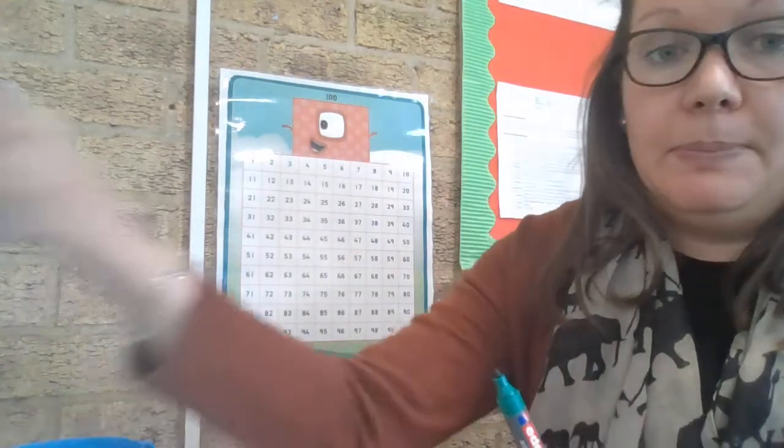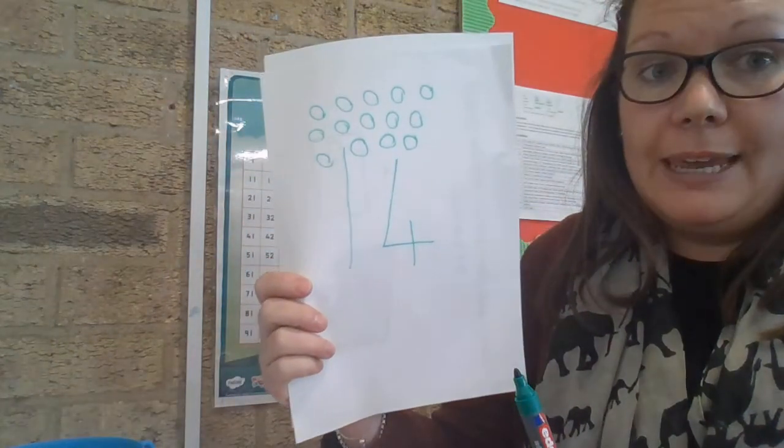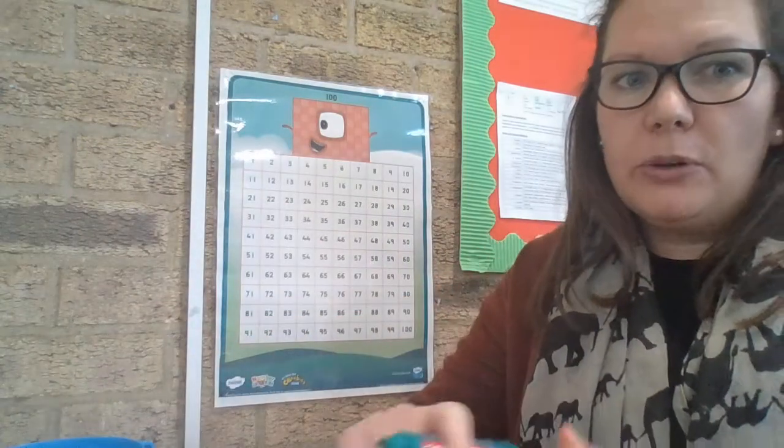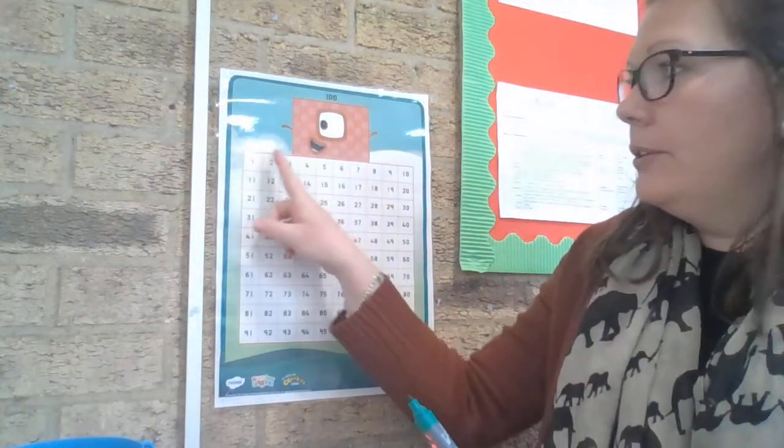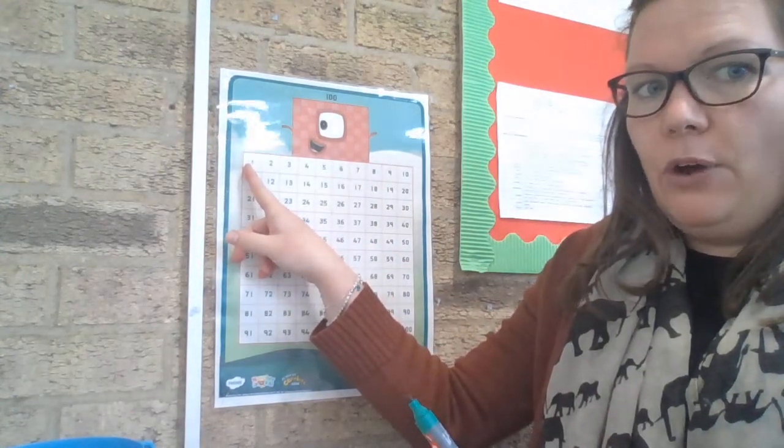So our first job today is we need to find 14 on our 100 square. We know what it looks like because we've already looked at writing it, and we've already watched the number block, so we do know that it's a 1 and a 4. But if you're not too sure, you can count along. When we use our 100 square, we start at 1 and count along till we find 14.